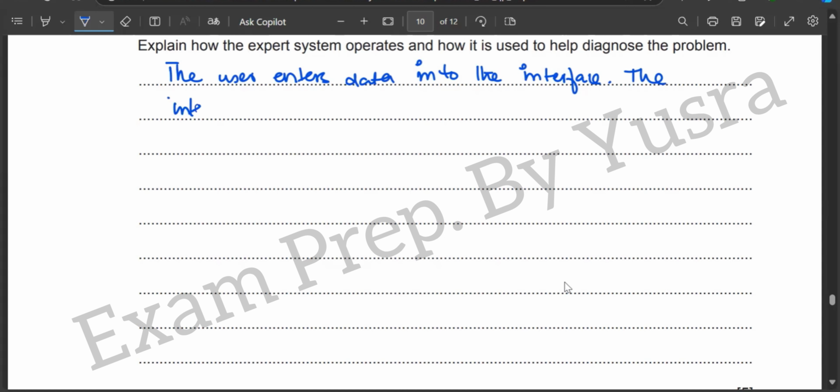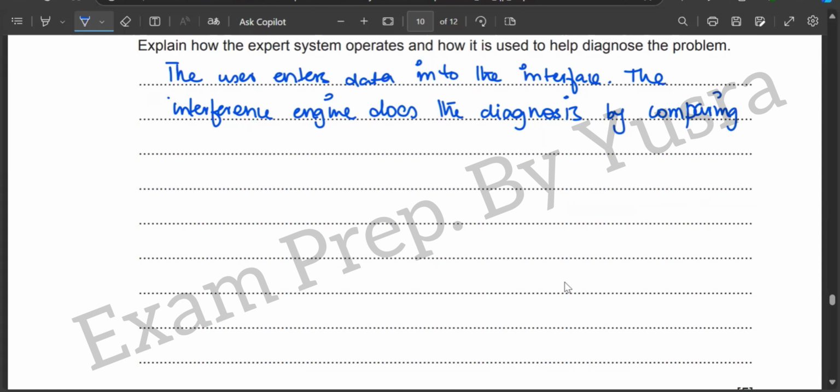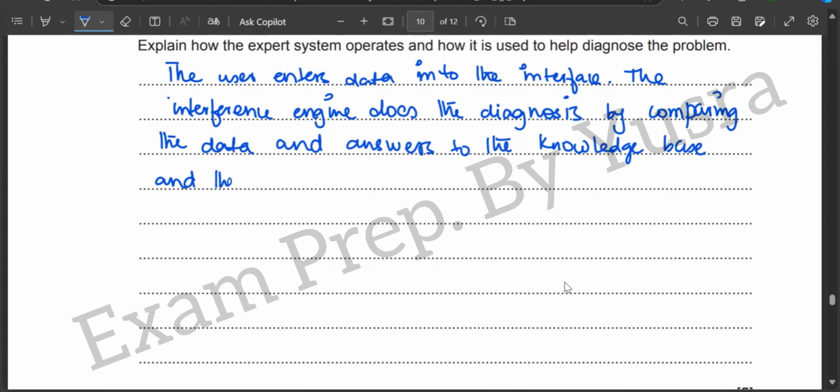The inference engine does the diagnosis by comparing the data and answers to the knowledge base and the rule base.